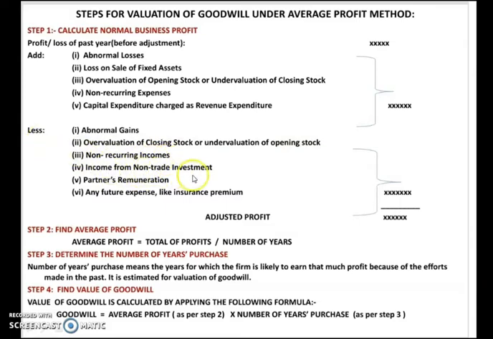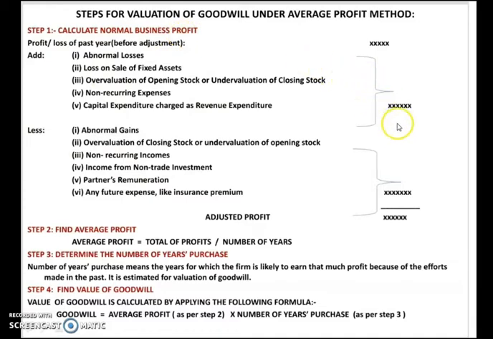Income from non-trade investment also you have to subtract. Partners' remuneration you have to subtract. And any future expenses, any expenses that are related to the future, that also has to be subtracted. For example, insurance premium. Premium normally you pay for future events. So those will be subtracted from the actual profit so that you will get the normal business profit.